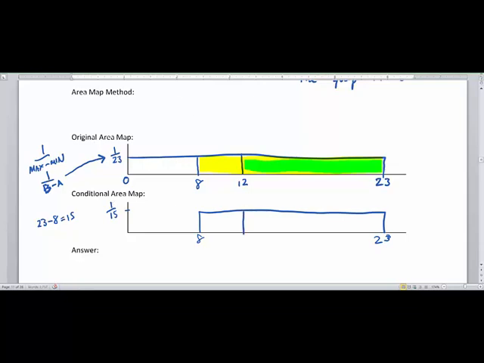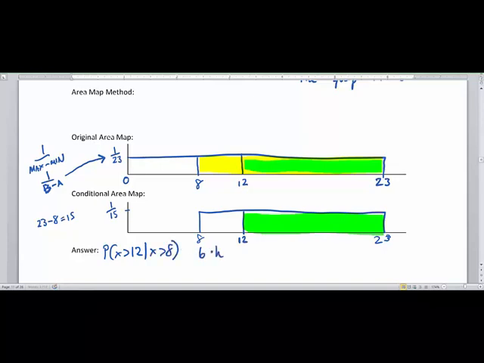Now what we want to do is find the probability of us landing in this green section. Since we've been doing this all throughout the worksheet, our answer for the probability is going to be base times height. So the probability that x is greater than 12, having chosen the group of x greater than 8, is going to be base times height.